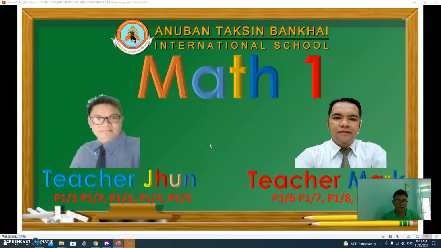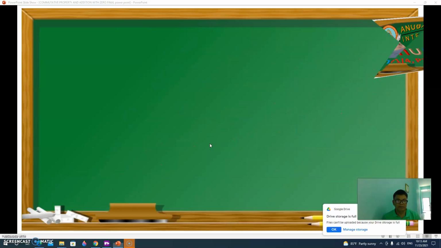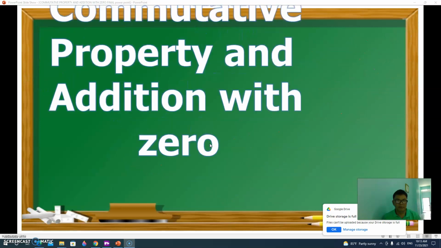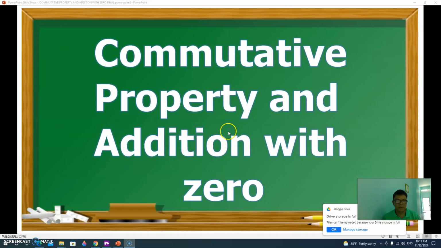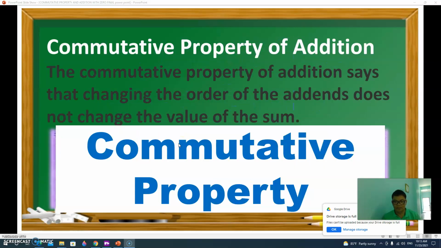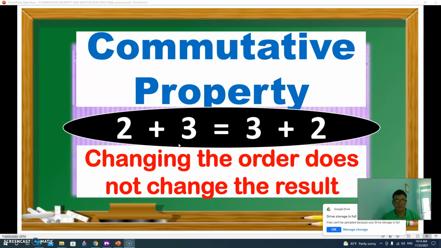Our lesson for today is all about the commutative property and addition with 0.